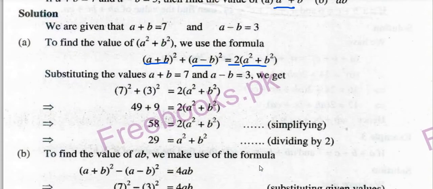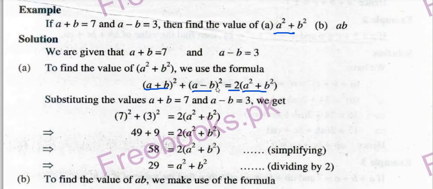Just put the values in the formula. (7)² + (3)² = 2(a² + b²). 7 square is 49, 3 square is 9. Now 49 plus 9 is 58 = 2(a² + b²). After some simplification, divide by 2 on the left side, this becomes 29. So a² + b² = 29.